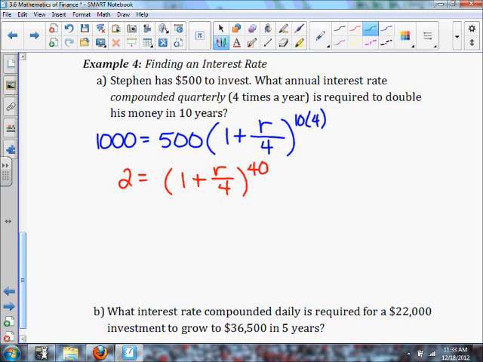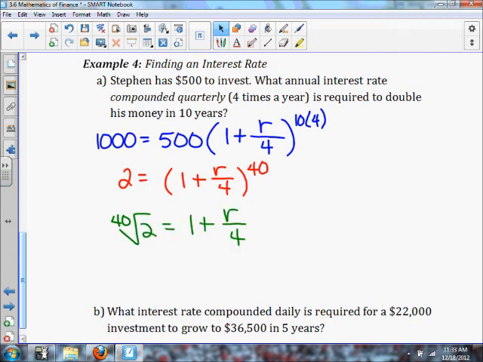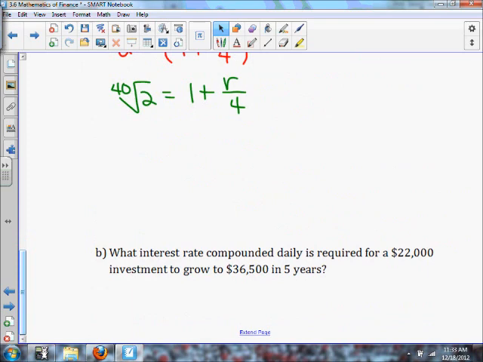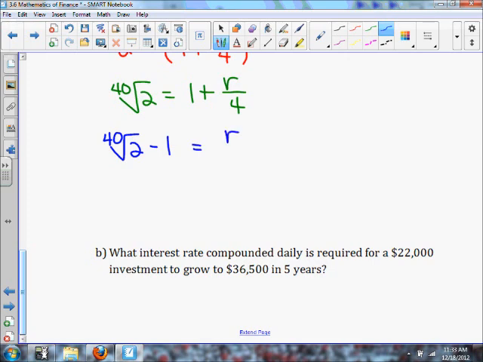So I'm going to take the 40th root of 2 is equal to 1 plus r over 4. How do I get r over 4 by itself then? Not yet. I got to subtract 1 first, then multiply by 4.